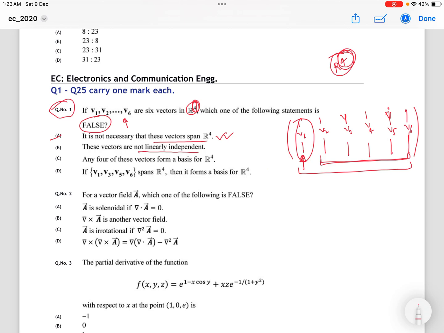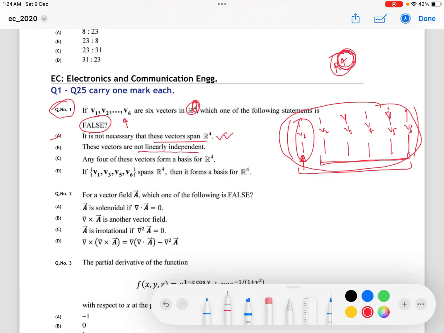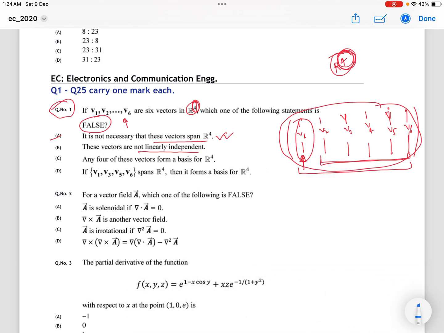But if these all 6 vectors are from R4, then there is a case that we have extra vectors, right? There is a chance that these 4 vectors will span R4.